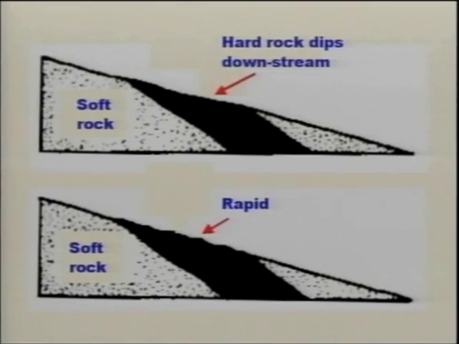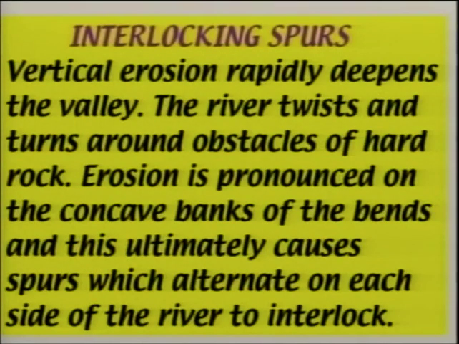And for interlocking spurs, note the information now on the monitor will help explain how interlocking spurs are formed. It states there that vertical erosion rapidly deepens the valley. And when that is happening, it also gives rise to V-shaped valleys being created.